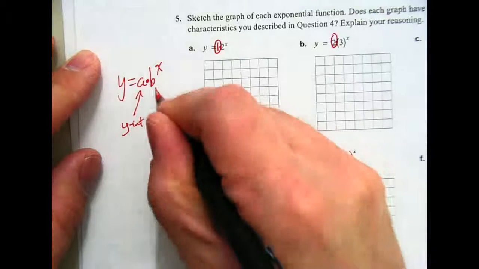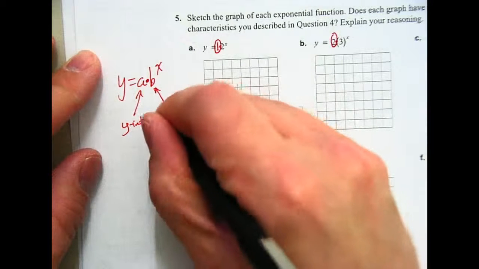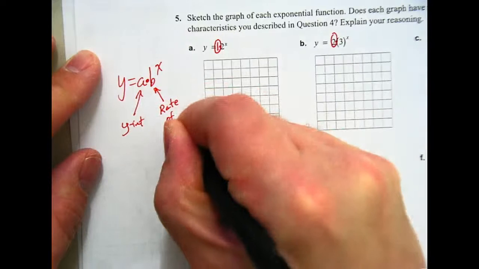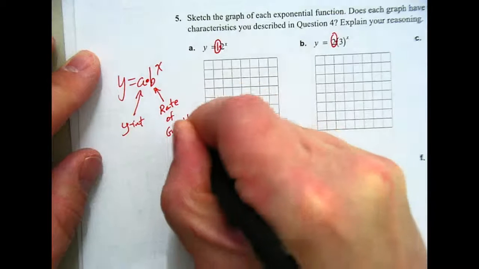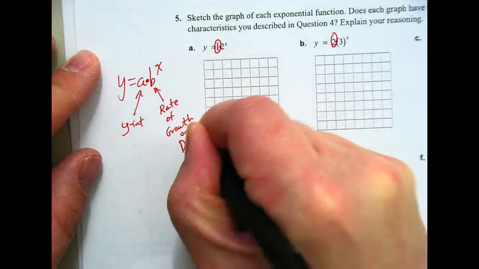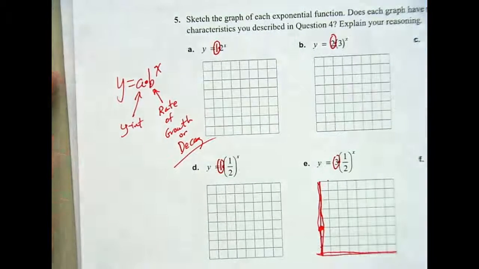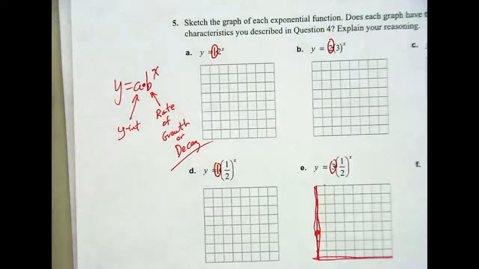This is your rate of growth or decay. Okay. All right. We got it? That's our exponential function. That's kind of what we're dealing with today. Okay, we're not going to graph any more of those. Any questions?